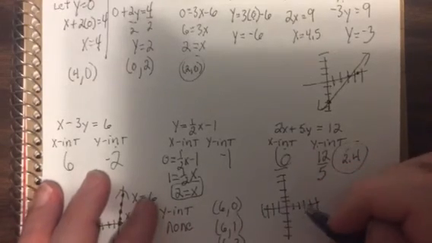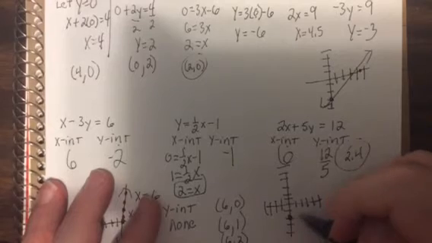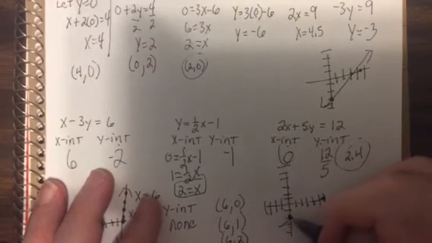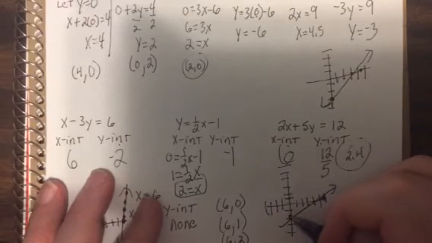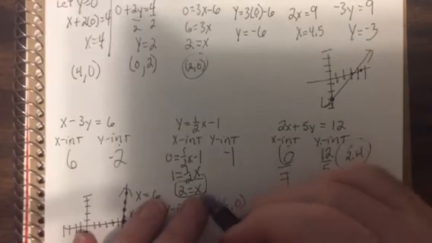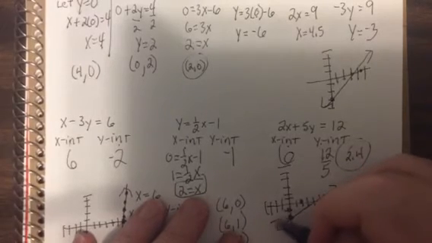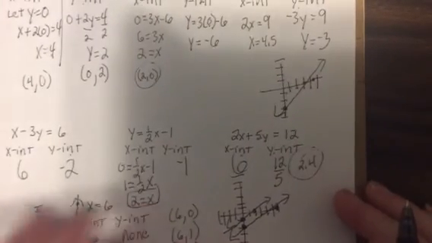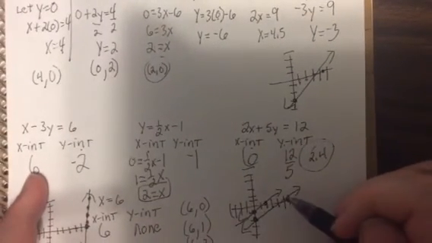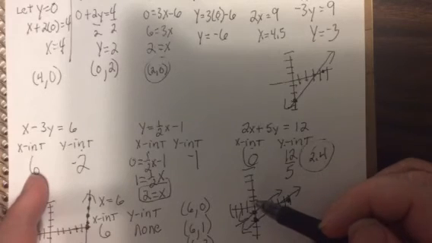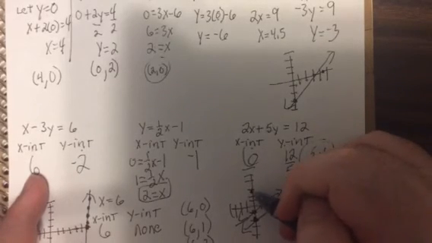So 6, -2. -2 is the y. 2, -1 is this one. So 2 and then -1. So 6 would be right 6. 12/5 would be up 2 and a little bit more.